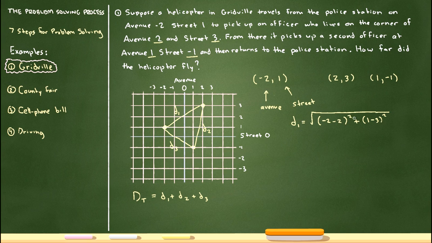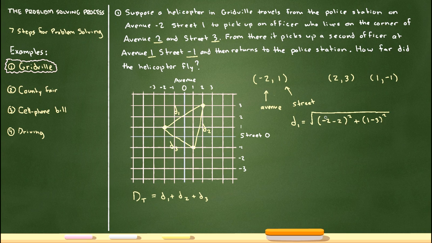If you forgot the formula, you could go back and look at one of the previous videos. I'll link that in the description below. So if you forgot the distance formula, you could see how we get it there. But the distance formula is you're going to have the run squared plus the rise squared, and then take the square root of that, and that's going to give you the distance.